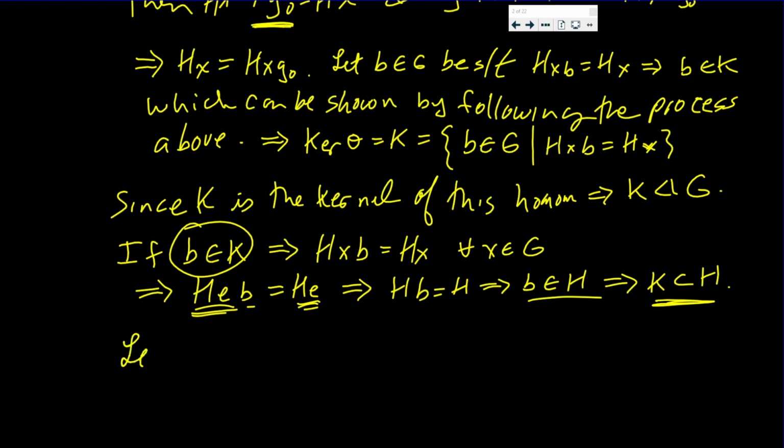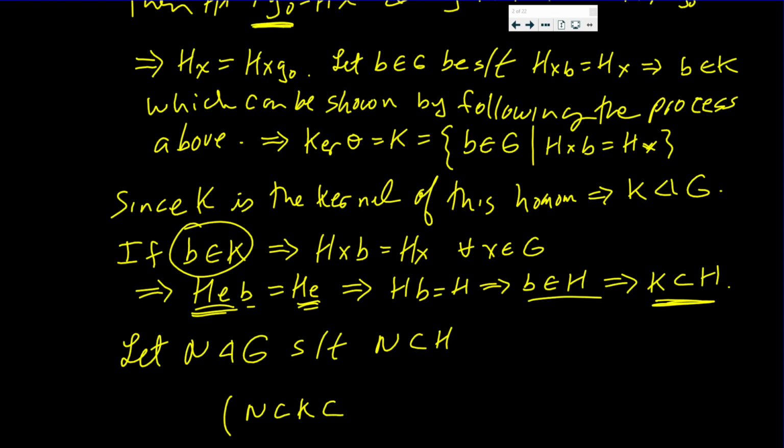So let N be a normal subgroup of G such that N is a subset of H. Now, what I want to show is that N is in K, and I already showed that K is in H. I want to show that every element in N is in the set K.